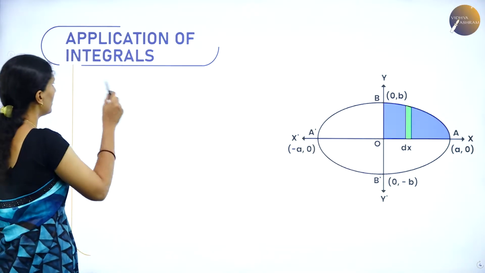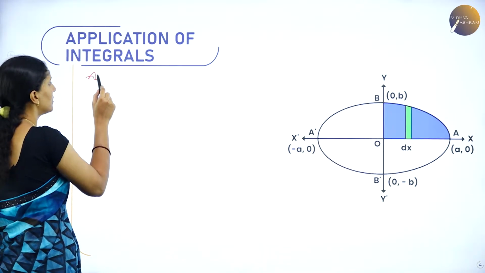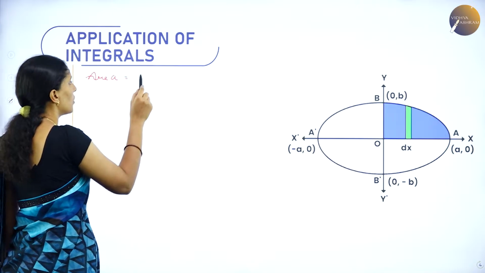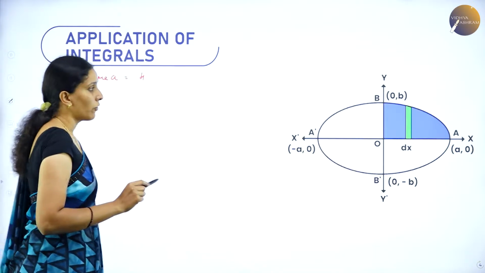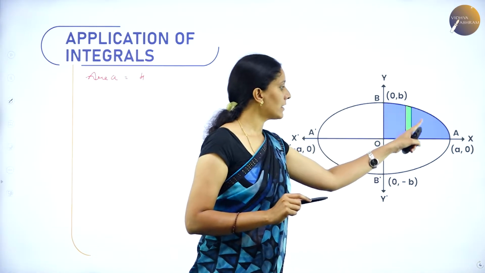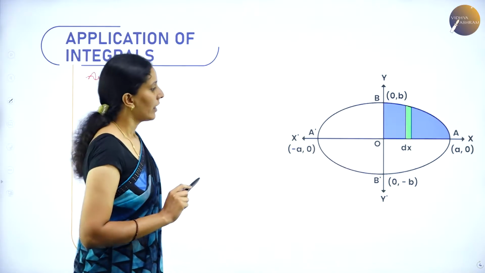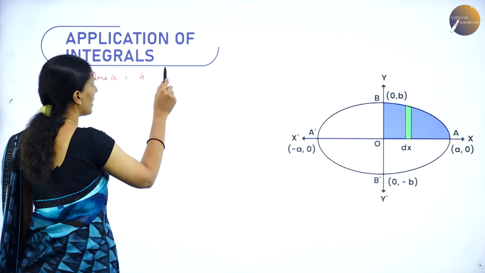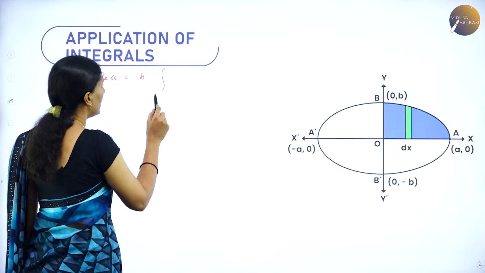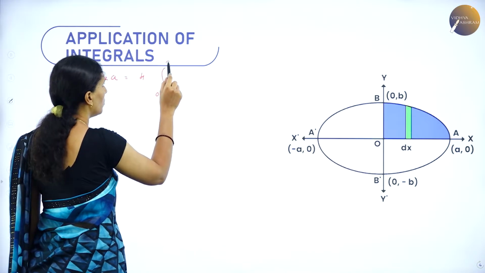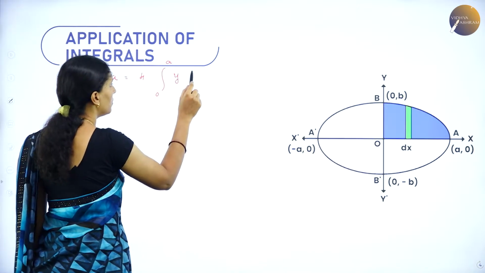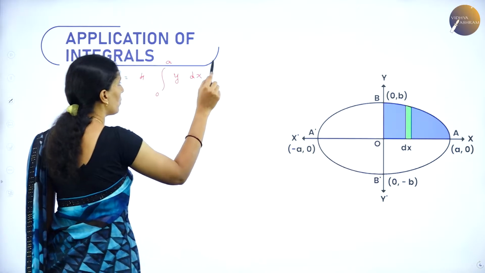So now the area is 4 times. Why 4 times? Because I am only calculating 1/4 of the area. So it is 4 times, and the limits are from 0 to a, y into dx. But what is y?